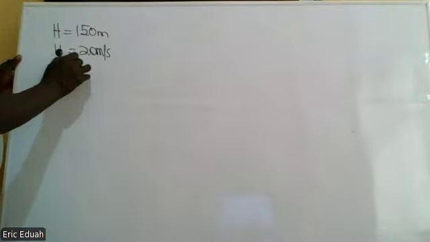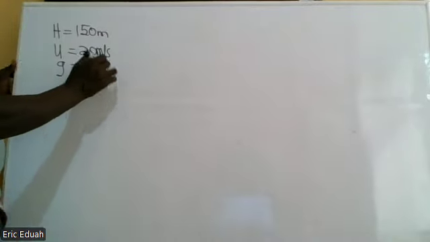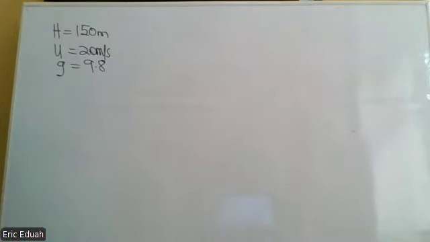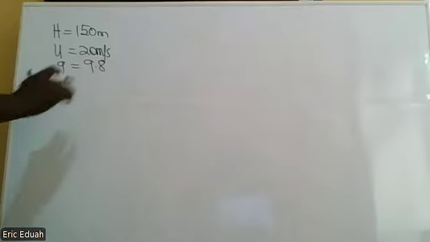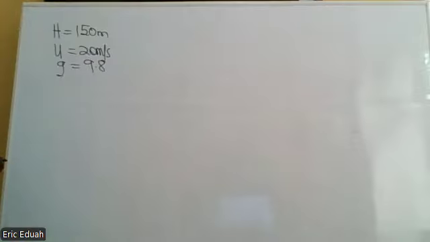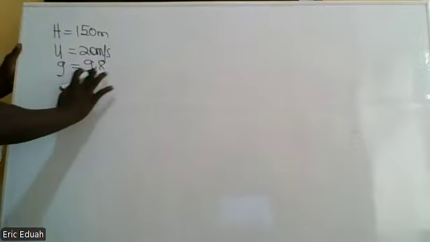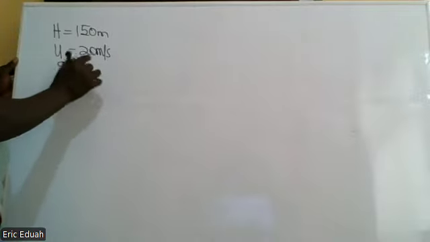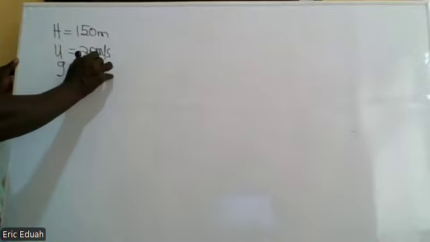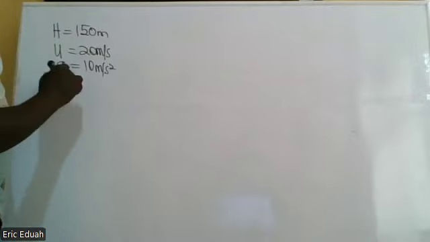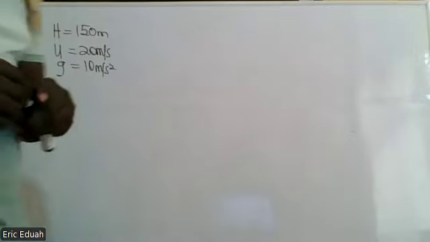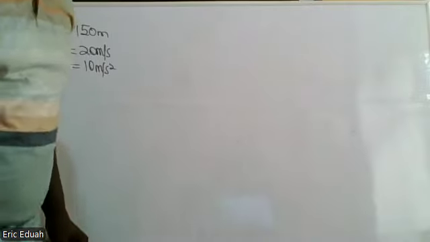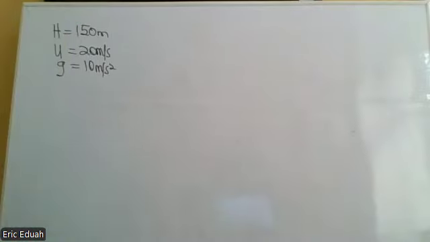We are asked to take g as 9.8. So please, okay, g is 10. This is a NOVDEC 2022 question. So usually pay attention to the value of g given. If they give you 10 and you use 9.8, it will affect your answer and the other way around.